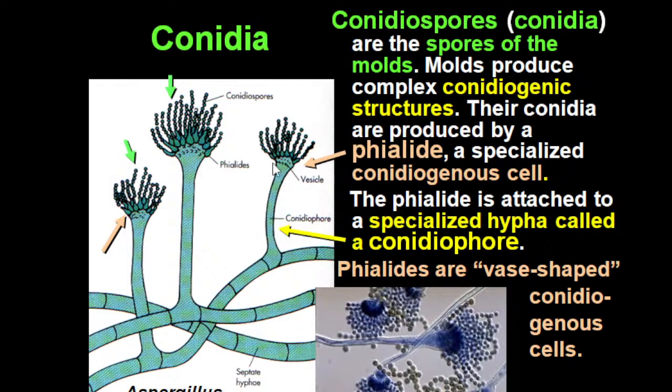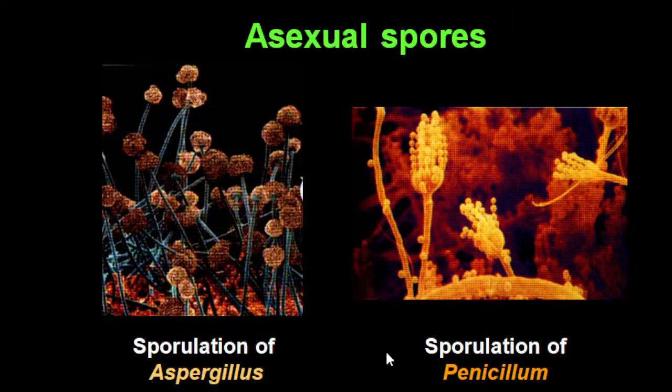This is a simplified scheme, and that is a photograph of the Aspergillus conidiophore and conidia. This is the conidiophore with phialides, and these are conidiospores, right? And that is an example of the conidia, asexual spores of Aspergillus and Penicillium. This is also conidia spores.